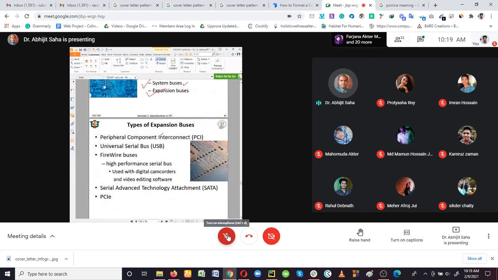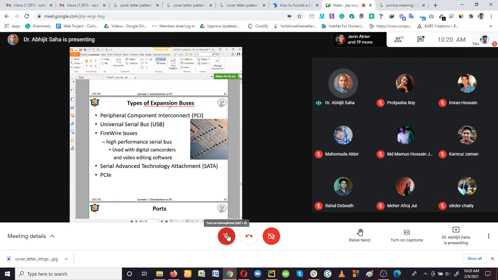These are some of the expansion buses it is talking about. The expansion buses are for the expansion slots and expansion cards, for peripheral devices. There are different types of peripheral expansion buses.